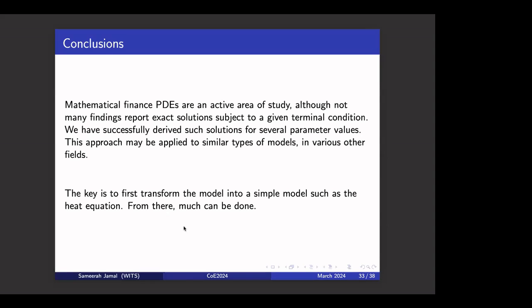So another offshoot from this is that we are able to define what the unknown parameter values of the model should be, so that you could, in theory, reduce to the heat equation and help select these unknown parameters. Now, we've shown what can be done in mathematical finance, but there are in fact parabolic models that exist in many other areas.